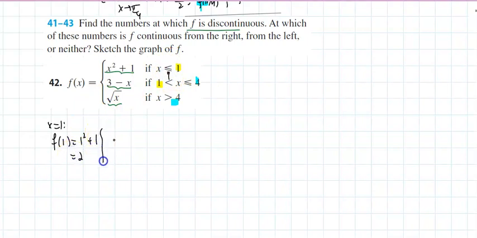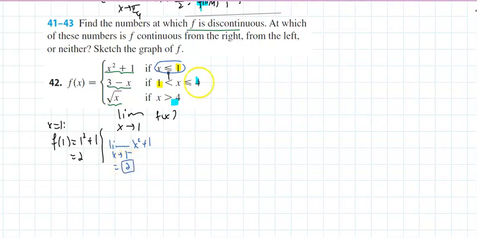Got it. Now, if I take the limit as x approaches 1 of f of x, that's going to work by taking the limit as x approaches 1 from the left. If I run from the left, this is x being less than 1.